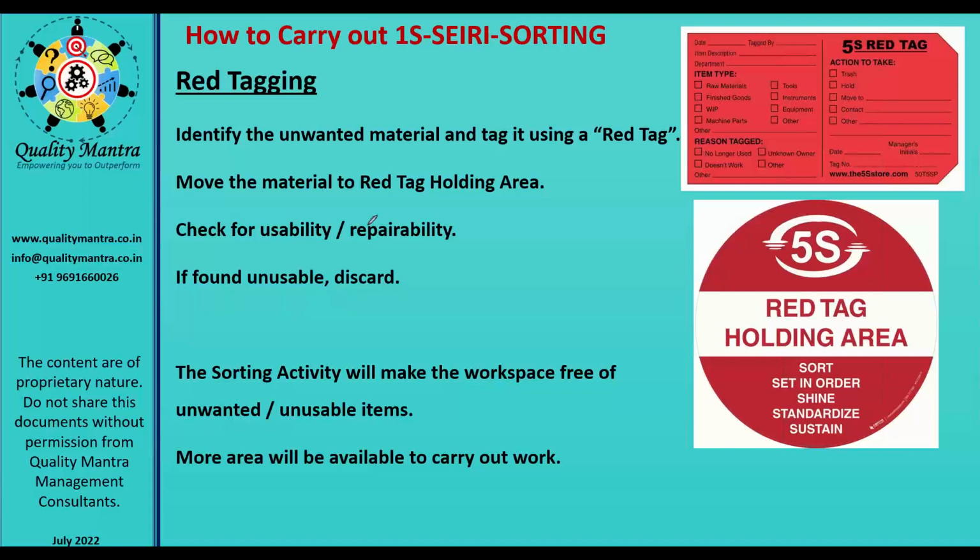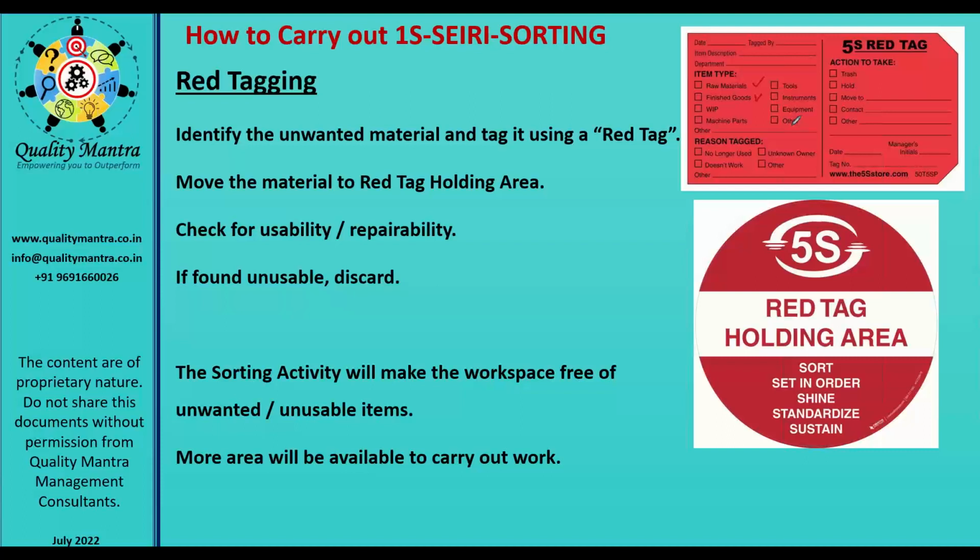Now on the red tag you can see, apart from the date and who or which department tagged it, there are item tags: whether it's a raw material, finished goods, work in progress, that is WIP, machine part, tools, instrument, equipment, others. So it is not a one-time activity.